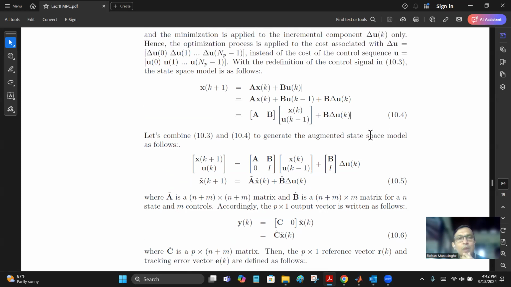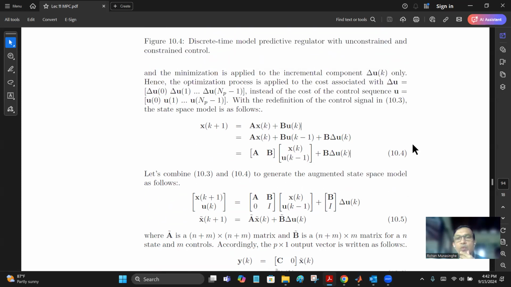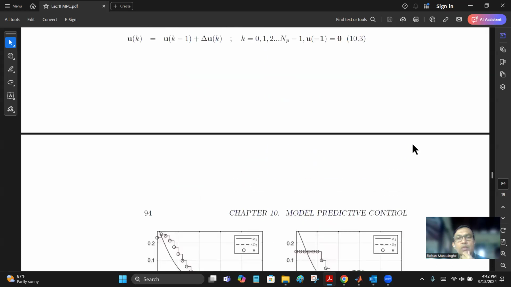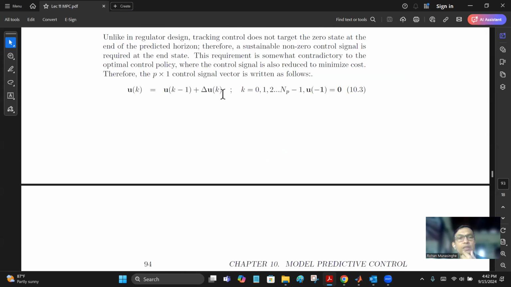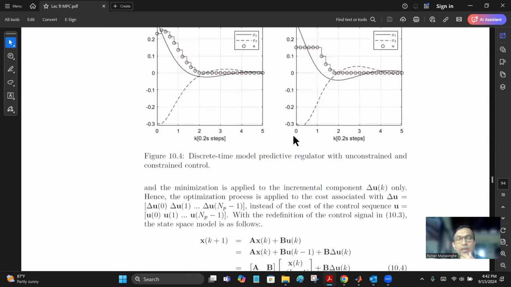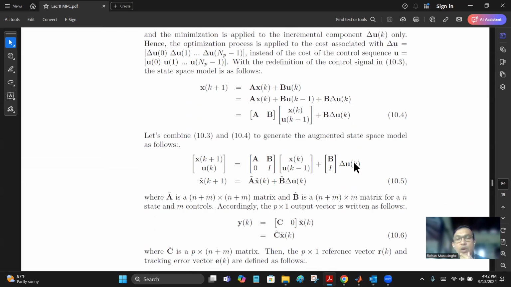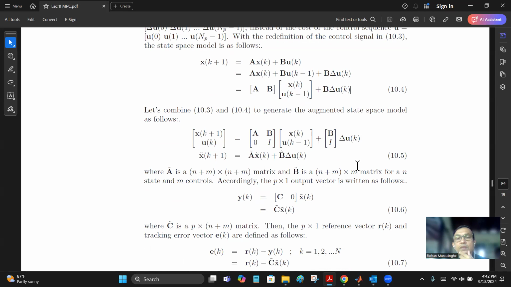Now what you do is you combine 10.3 and 10.4. 10.3 is this one, right? And 10.4 is this one, right?